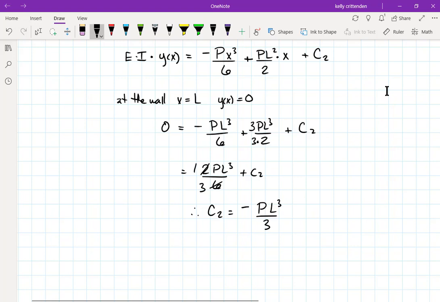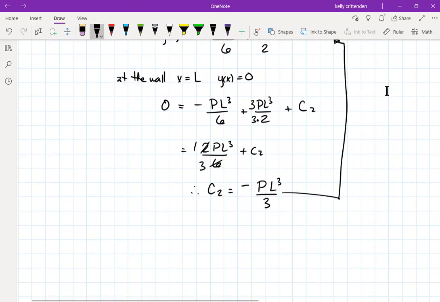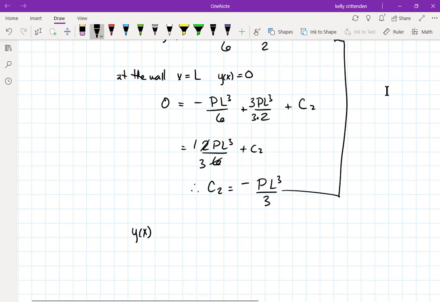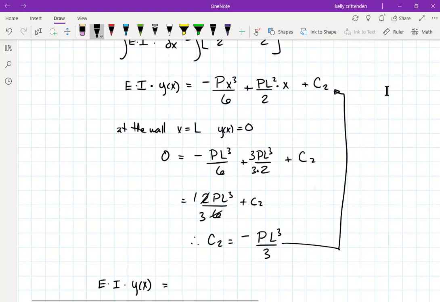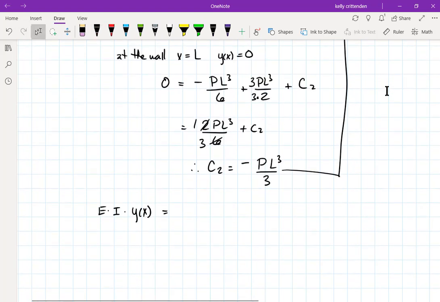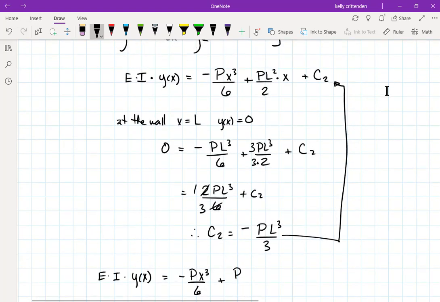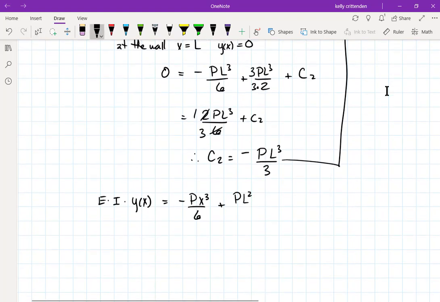And then I can put that back into my equation. y of x, currently it's still multiplied times EI, equals negative Px cubed over 6 plus PL squared times x over, what was that, over 2?